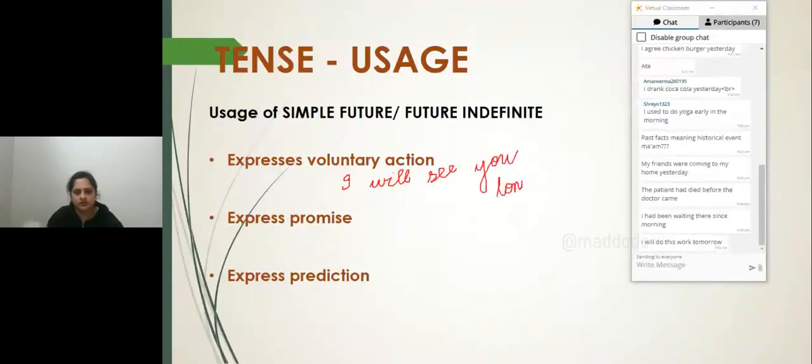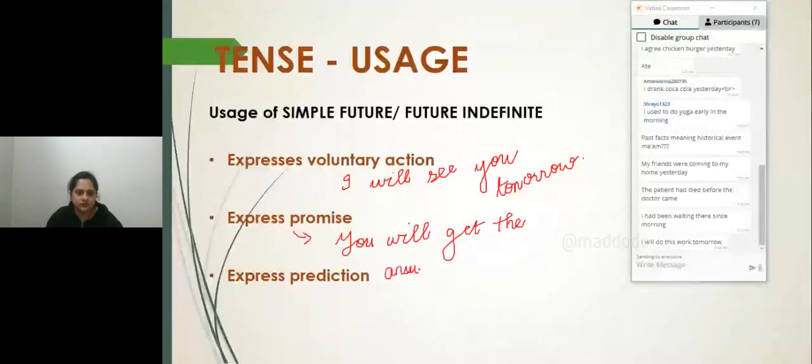This is what you use, simple future. I will, it can express a promise also, same thing. Okay, I will see you tomorrow. You will get the answer by post.